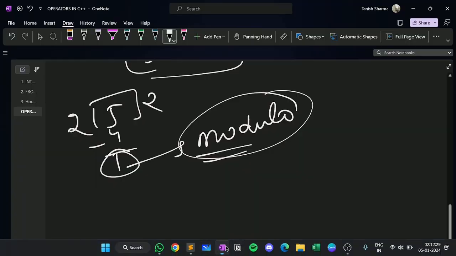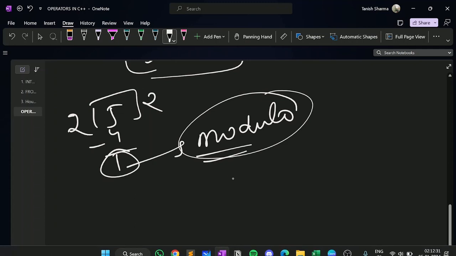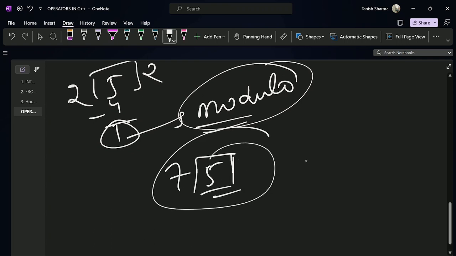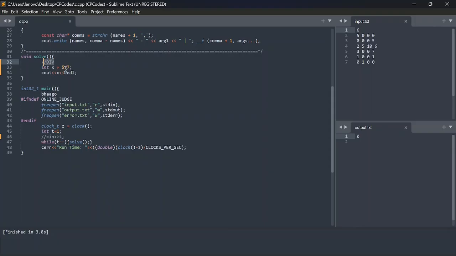So if I do 5 divided by 7, I won't be getting anything actually, so it will eventually return a 0. Our next operation would be the modulo.